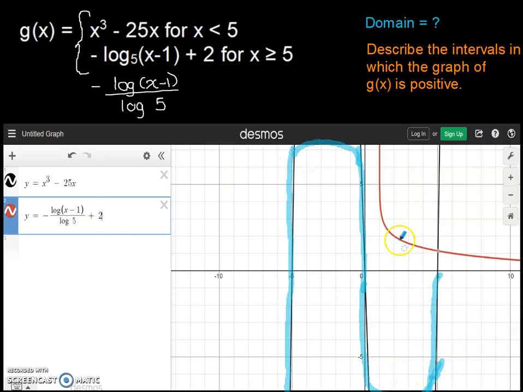I'm only using this part of the graph where x is less than 5, open circle because I'm not including it. And then from there, the graph picks up where x is greater than or equal to 5 with the one in red, which would be from here to here.